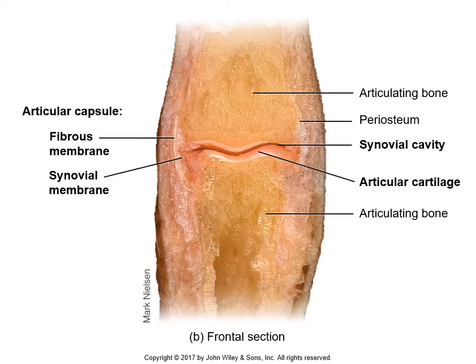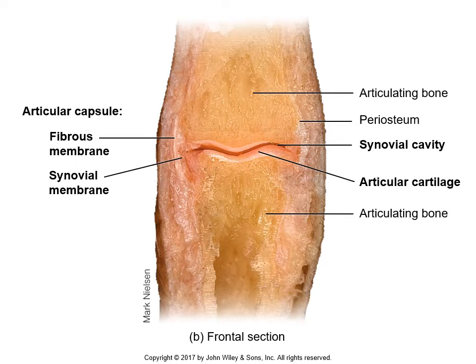And here we see the same thing in an actual cadaveric model. As you look at this, it almost looks like a pair of lips. You see this light pink, which is the articular cartilage that we were talking about.